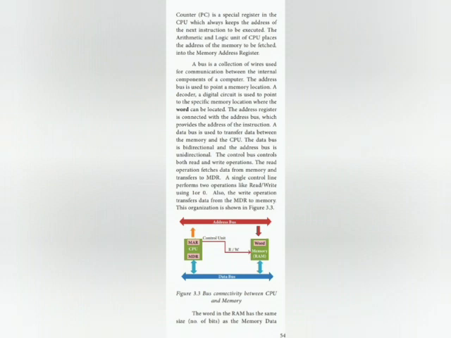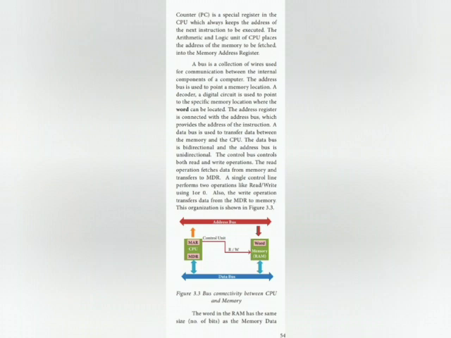The data bus is bidirectional and the address bus is unidirectional. The control bus controls both read and write operations. The read operation fetches the data from memory and transfers it to the memory data register. A single control line performs 2 operations, read and write, using 1 or 0.